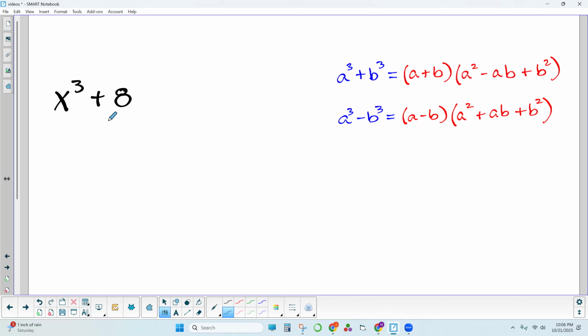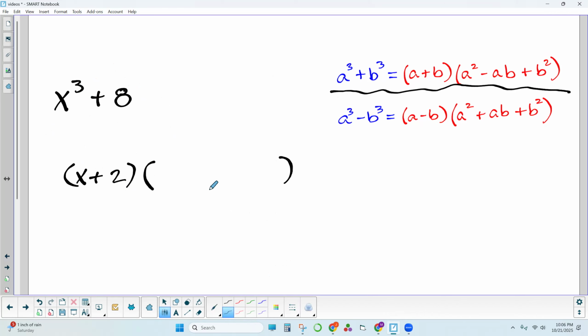Okay. So now let's apply this. We're going to use the first one right here. So I'm going to take the cube root of x cubed, which is x, the cube root of 8, which is 2, and we're going to add them. And that's our first factor.